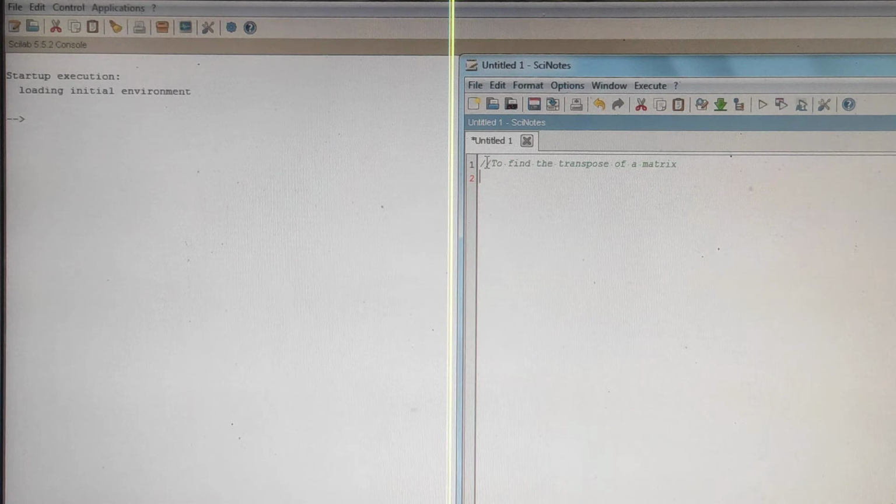Let us say capital A is equal to, I am taking a 3 by 3 matrix, so 4, 2, 8, then semicolon. Then put a space, 9, 0, 1, I am giving space. Then put a semicolon, then take space, then 8, 5, 1.